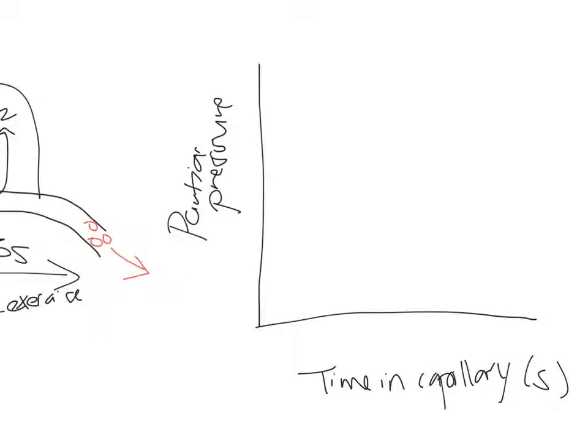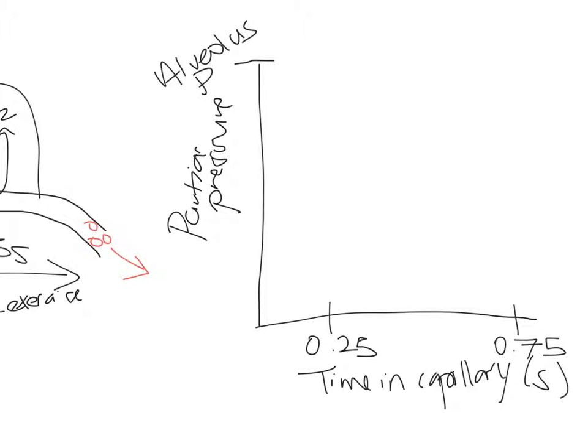We know that it takes 0.75 seconds for a red blood cell to cross the blood-gas barrier, and with exercise we know that this time is reduced to 0.25 seconds. So those are the important points on our x-axis. The important point on the y-axis is the partial pressure of that gas in the alveolus.